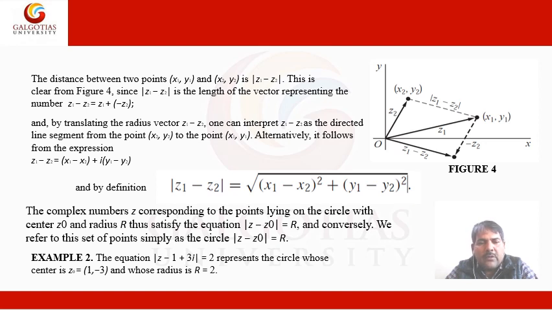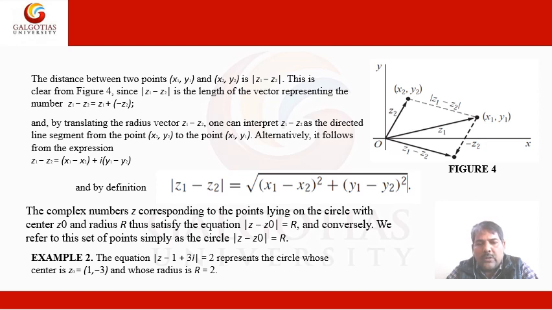Alternatively, it follows from the expression z1 minus z2 equal to x1 minus x2 plus i times y1 minus y2, and by definition mod of z1 minus z2 is equal to the root of (x1 minus x2) whole squared plus (y1 minus y2) whole squared.